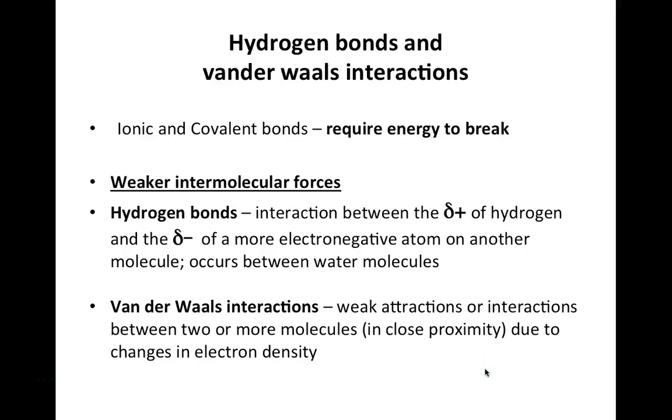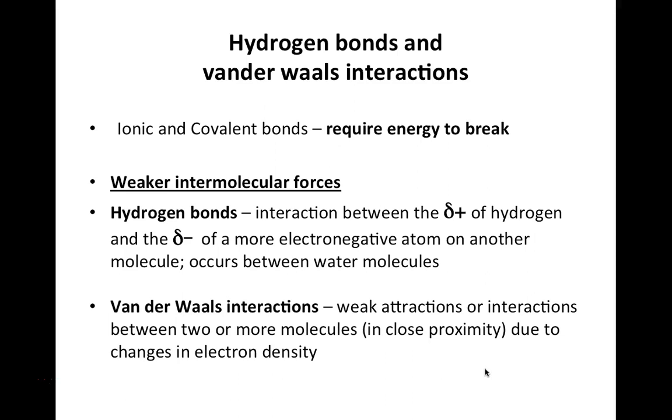Some other interactions that do occur that are important for us to describe and talk about are weaker interactions. Those are hydrogen bonds and van der Waals interactions. Ionic and covalent bonds require energy input to break those chemical bonds. Hydrogen bonds, on the other hand, are weak attractions between separate, different molecules.